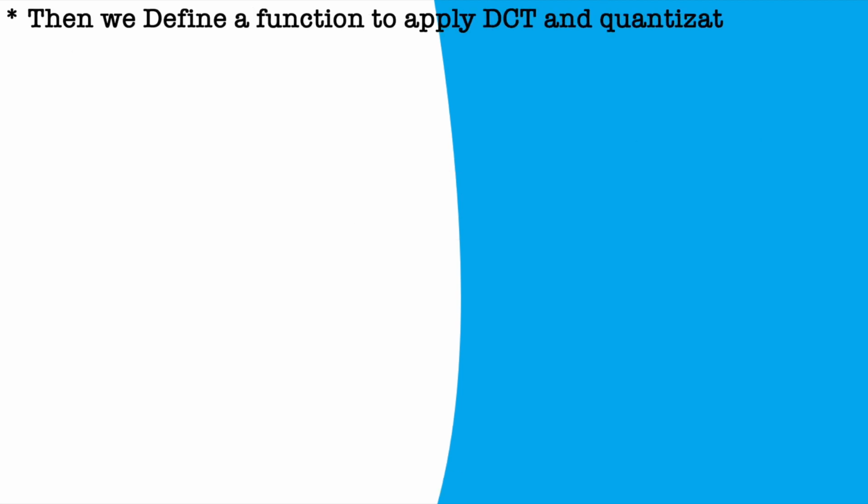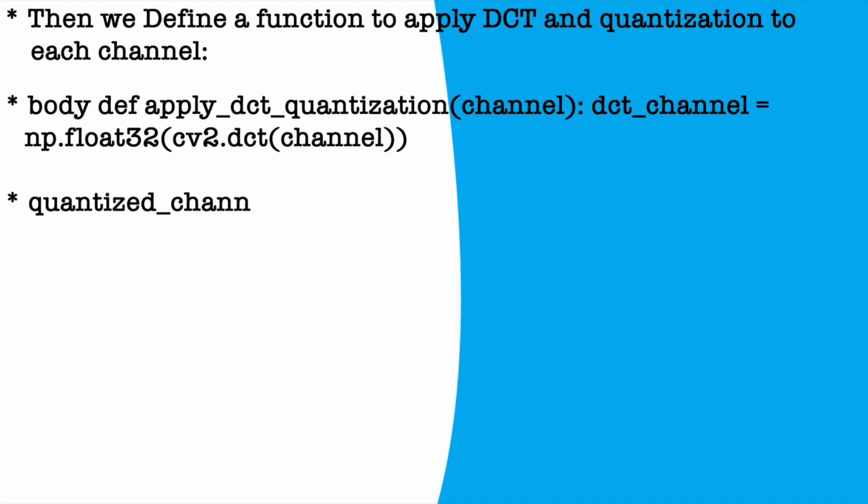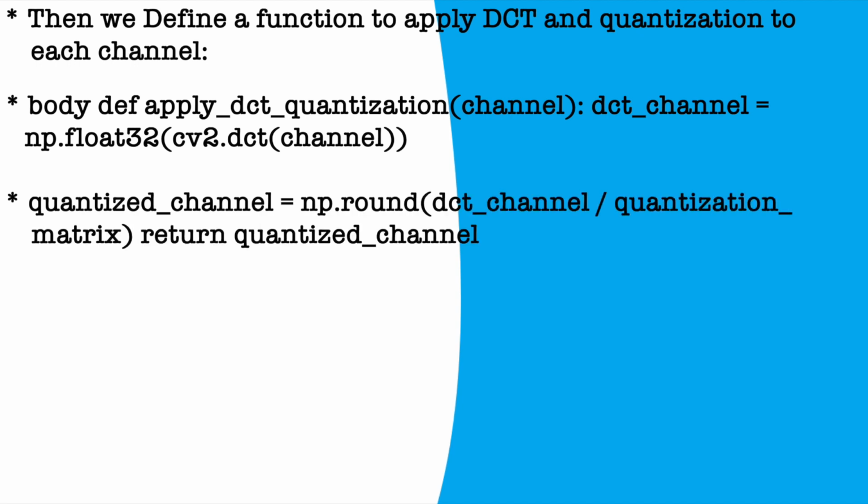Then we define a function to apply DCT and quantization to each channel. The function named apply_dct_quantization takes a parameter channel, Y, Cb and Cr, applies the discrete cosine transform (DCT) to it and then quantizes the DCT coefficients using the specified quantization matrix.